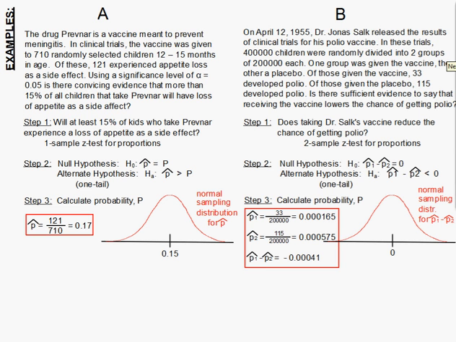Now, the center of the sampling distributions, of course, for the Prevnar, the question really is about 15%. Is the sample significantly different than 15? So our theoretical center for our null hypothesis is 15.